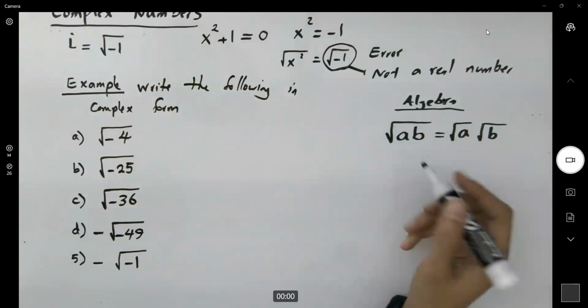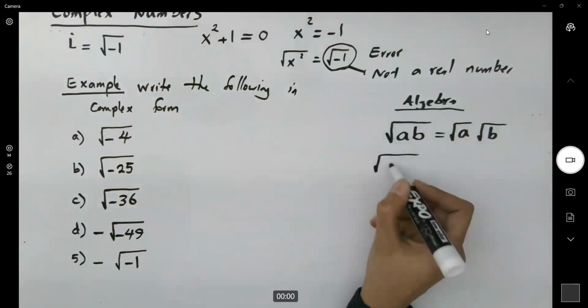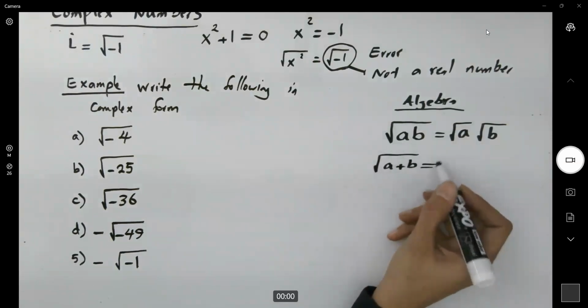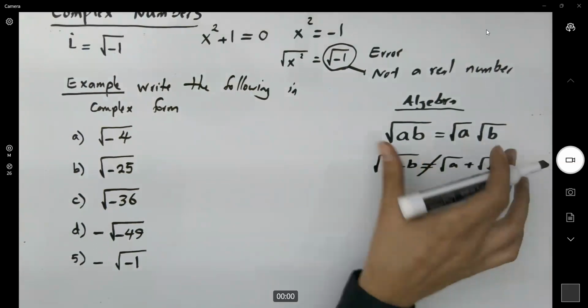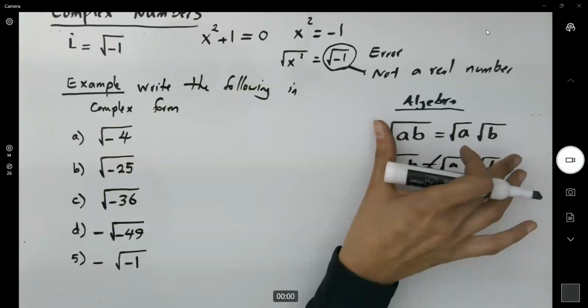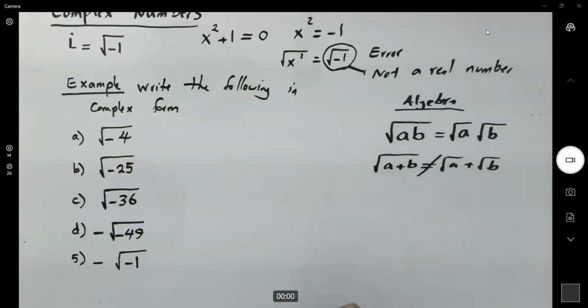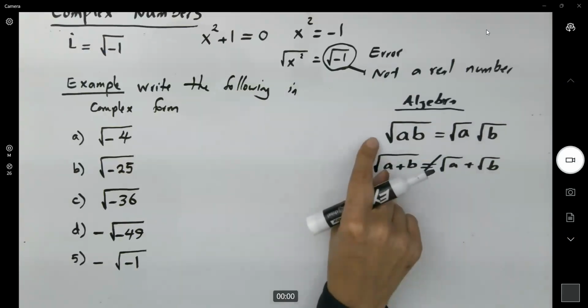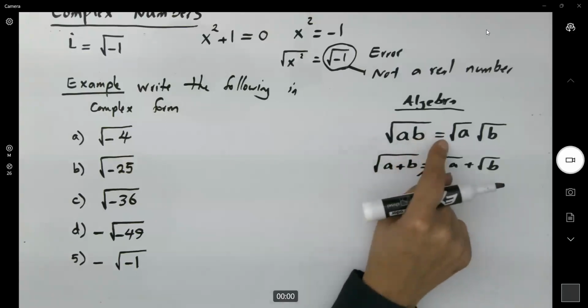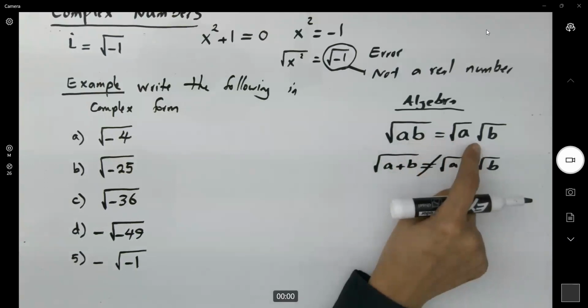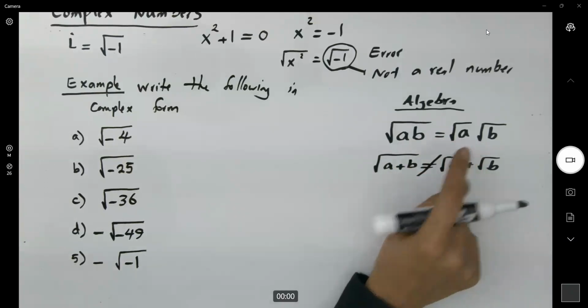Just be careful. If it's addition or subtraction, we are not allowed to separate these. It only works when you have multiplication or division. So again, square root of A times B is square root of A times square root of B.